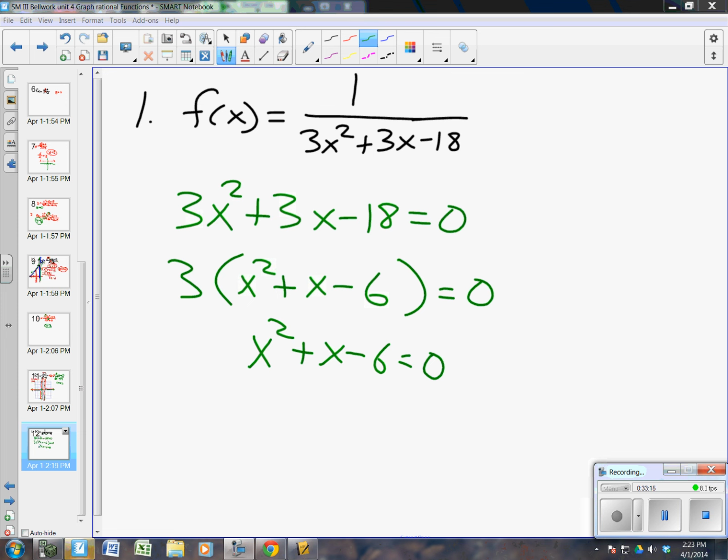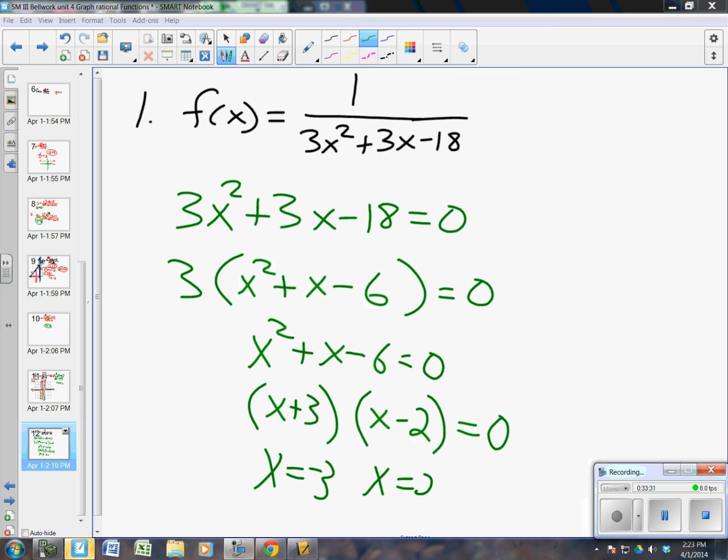Yes. What 2 numbers? 3 and 2, both positive? Negative 2 and 3. Okay. Yeah, that factors to x plus 3 times x minus 2. So this is x equals negative 3 and x equals positive 2. Okay? And so that's where my vertical asymptotes are going to occur, at negative 3 and positive 2.